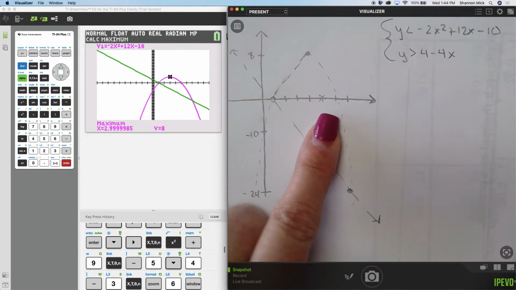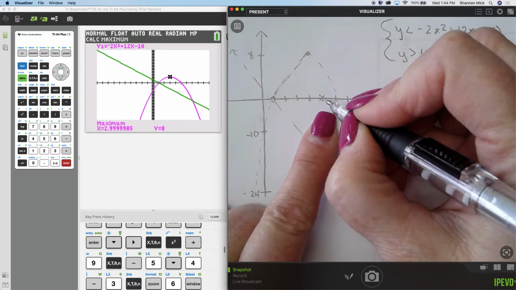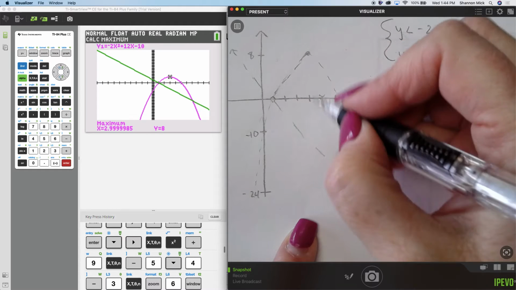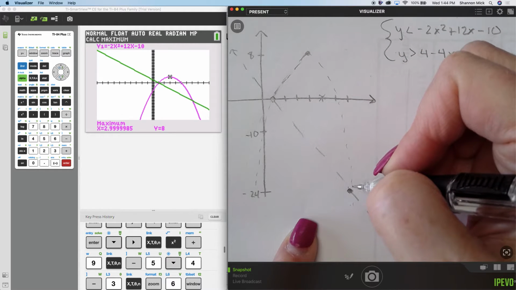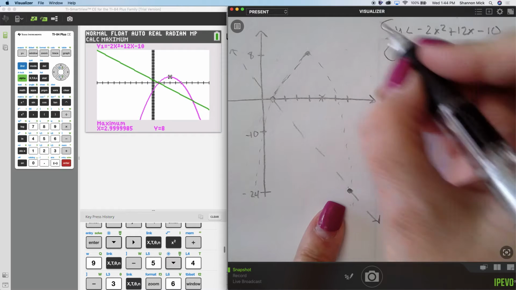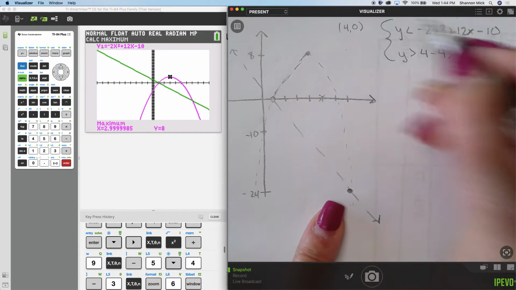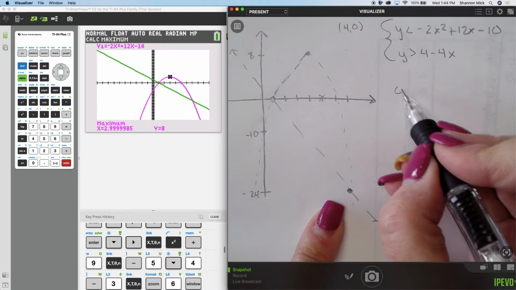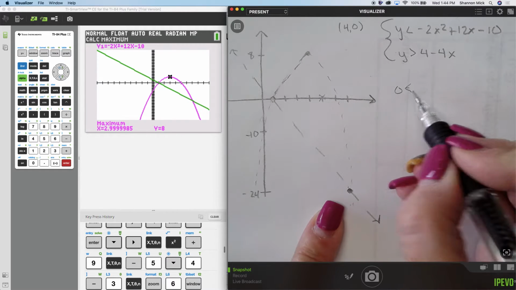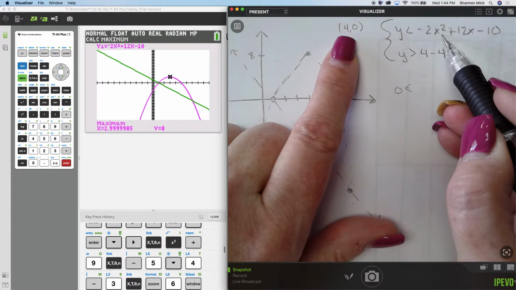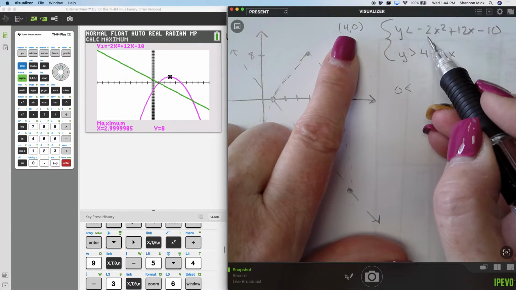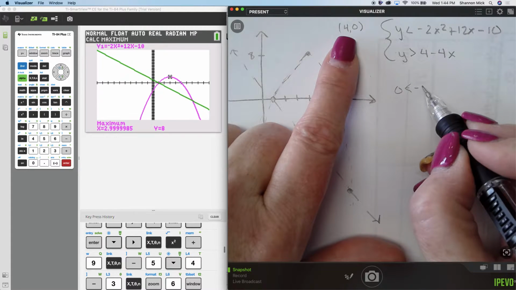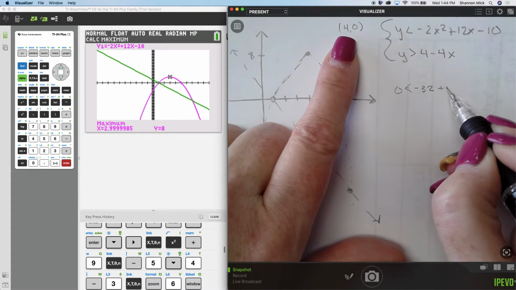So 4, 0. If 4, 0 works for both the parabola and the linear equation, I'm going to shade in here, correct? So we're trying 4, 0. When I plug 4 in for x, 0 in for y, I have 0 is less than, well, 4 squared is 16 times negative 2 is negative 32, plus 48, minus 10.